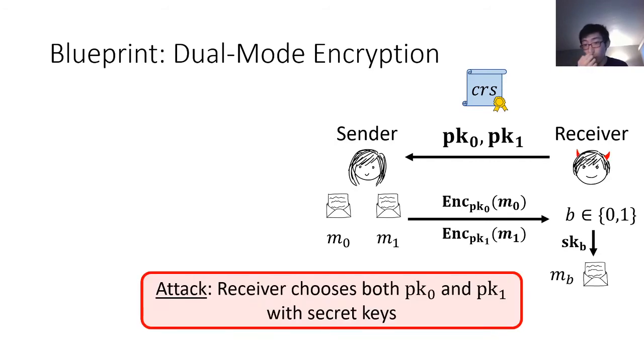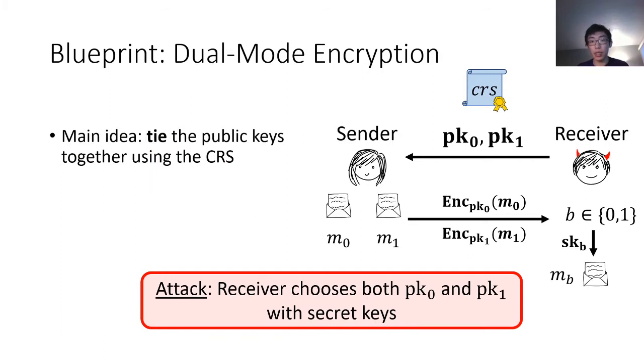Of course, here we are dealing with malicious adversaries. A malicious receiver could generate just PK0 and PK1 with their respective secret keys. So that won't work as is. And the main idea of PVW, if I want to sum that up in one sentence, is to tie those public keys together using the CRS, in such a way that the receiver will not be able to come up with those two public keys with two secret keys.